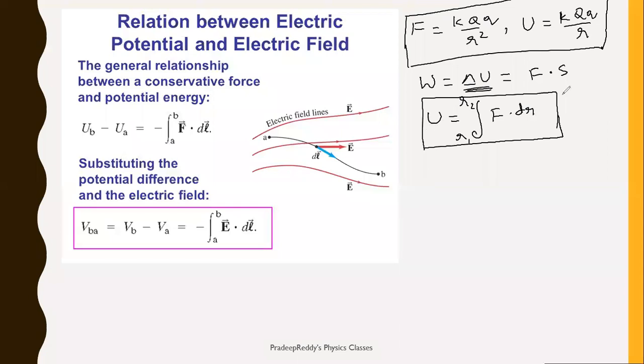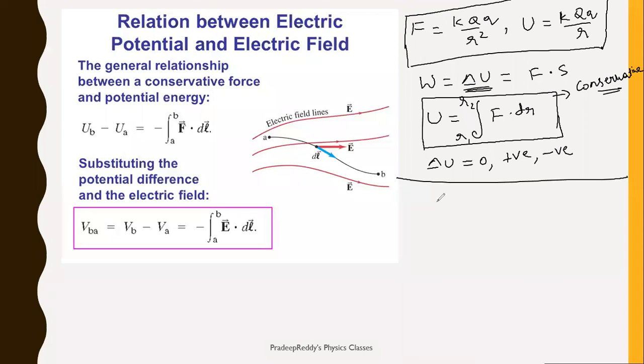And remember that electric potential energy is conservative. In class 11th, you will be learning about conservative fields and non-conservative fields. So electric potential energy can be zero, positive, or negative, right? This is the relation between electric force and electric potential energy.